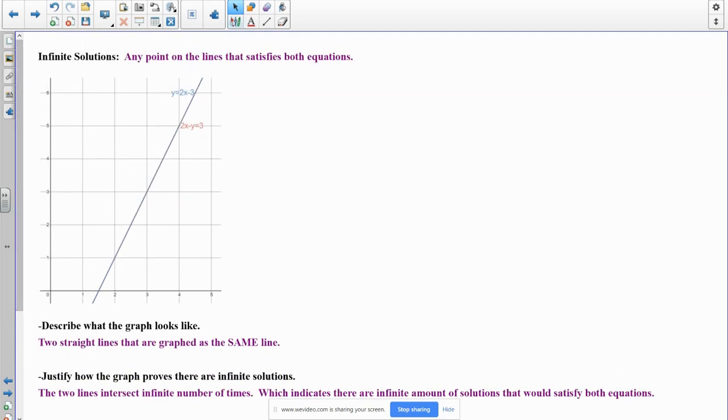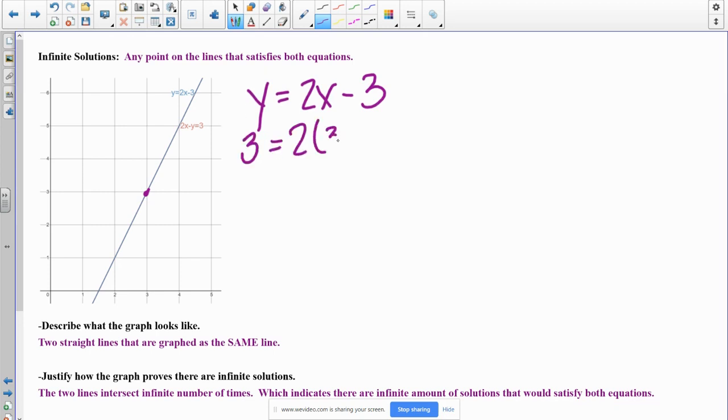So let's pick a point here. Let's go with (3, 3). I can take the first equation, plugging in 3 for y and 3 for x. I'm going to take 2 times 3, which is 6, and subtract 3, which is 3. So the point (3, 3) does satisfy the first equation.